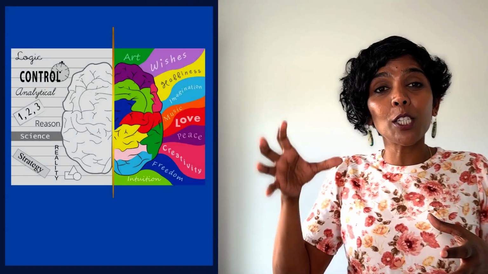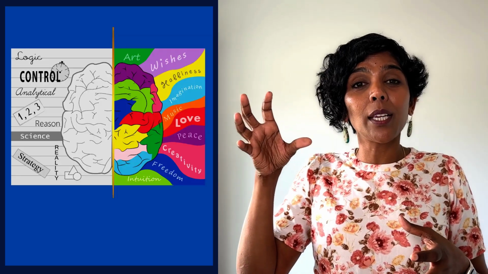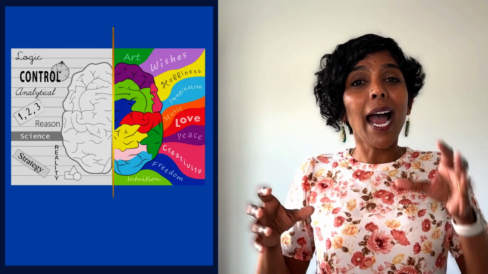Did you know that about 80% of our sensory input is visuals? And because of that, we are designed to absorb more visual information than auditory information. So when you are trying to present facts, it would be wonderful to use images so that you are engaging both your right brain and your left brain.